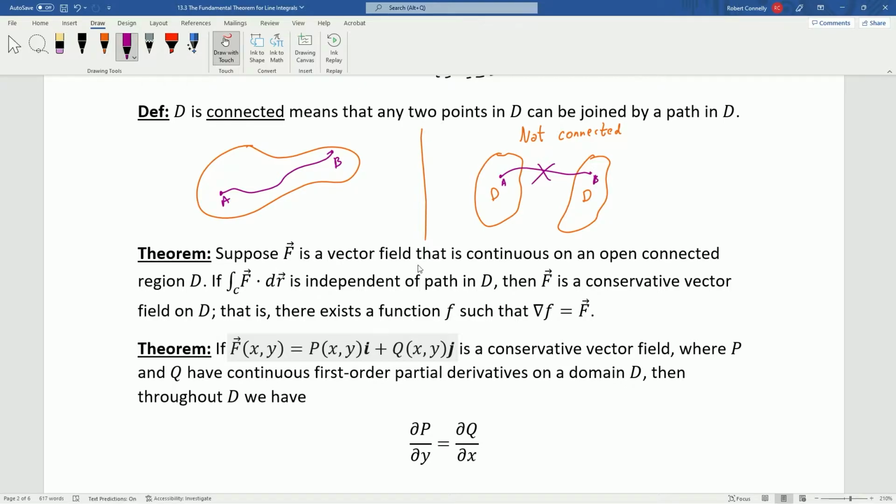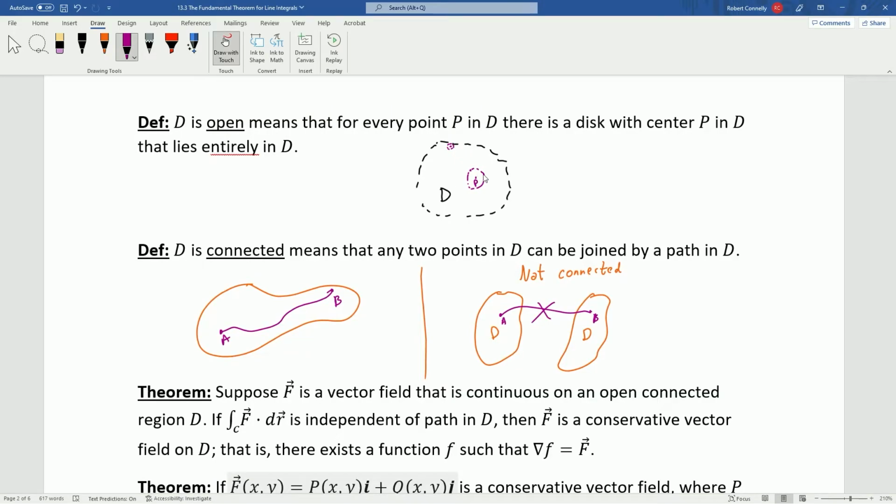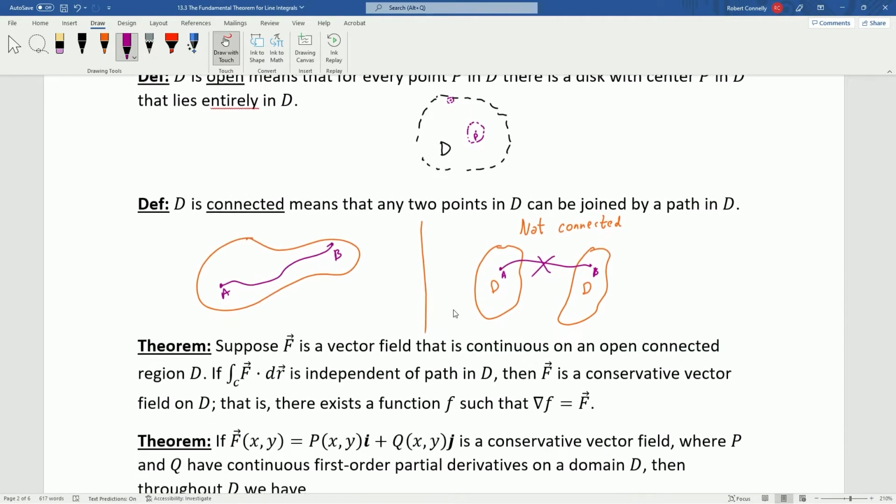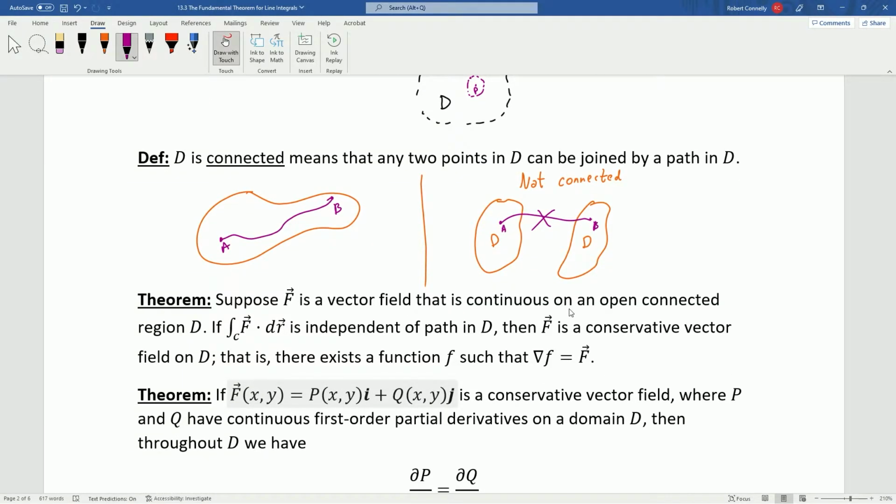Suppose F is a vector field that's continuous on an open, connected region D. So the region has to be open, meaning that for any point you pick in it, you can draw a circle around it. And the vector field has to be continuous. And the region has to be connected, meaning you can draw a line between any 2 points in the region.